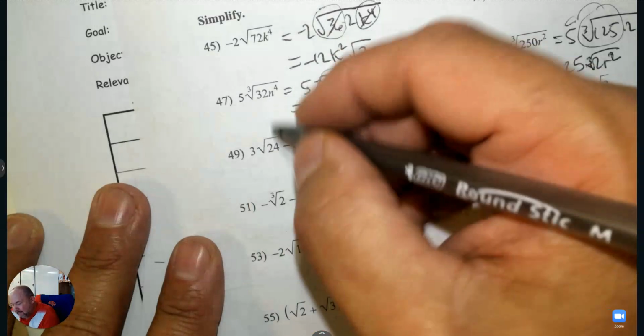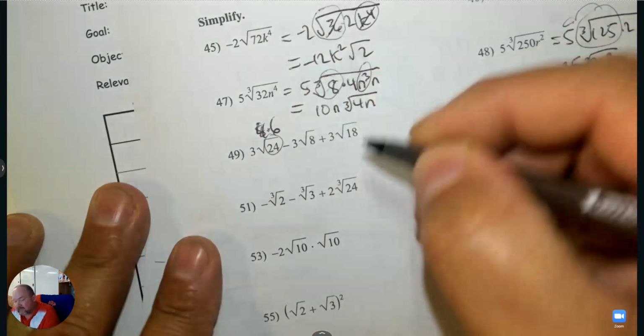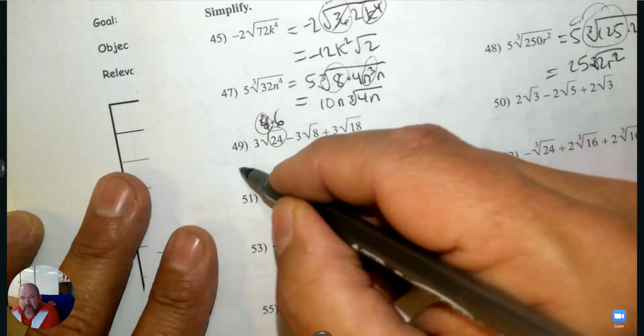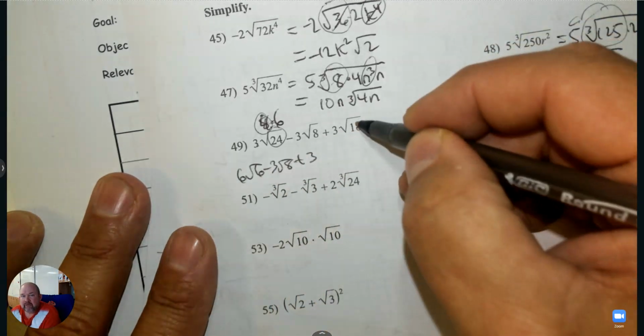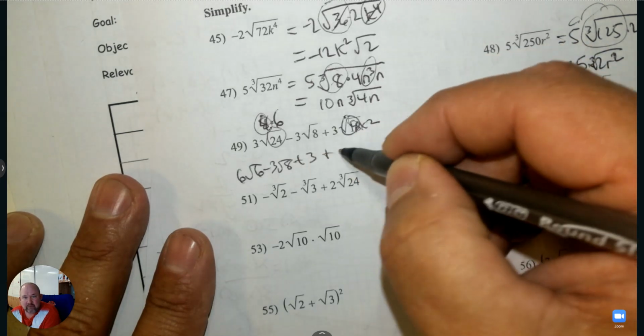Adding and subtracting, we first have to simplify it. So 24 is 4 times 6. So the square root of 4 is 2, times 3 is 6 root 6. This is 9 times 2, so the square root of 9 is 3, times 3 is 9 root 2.